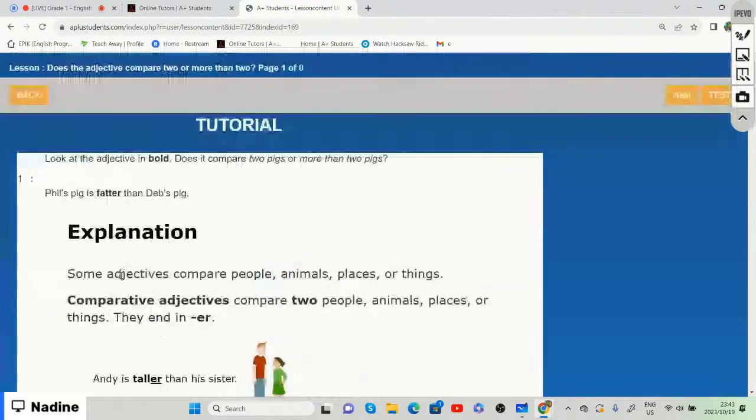We need to look at the adjective in bold. Does it compare two pigs or does it compare more than two pigs? Phil's pig is fatter than Dave's pig.